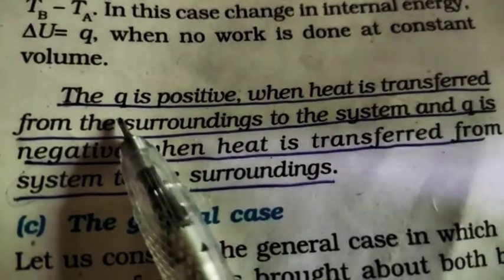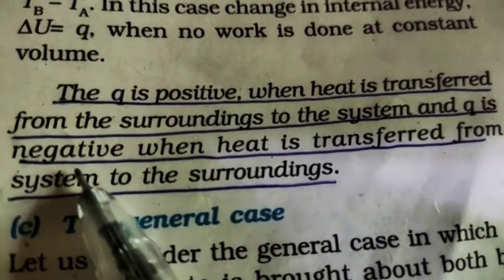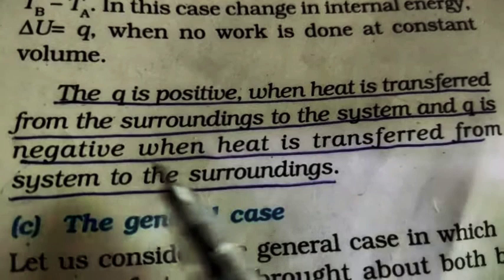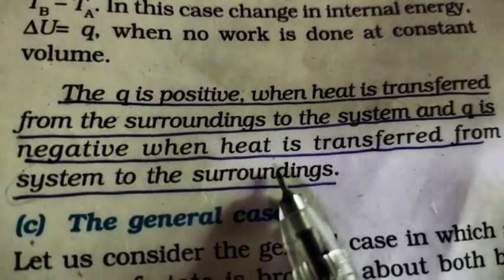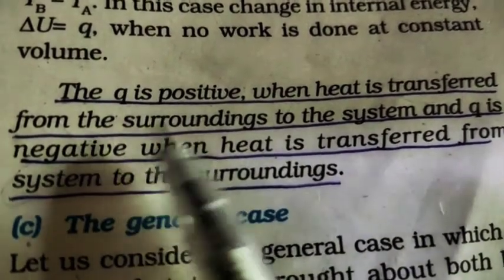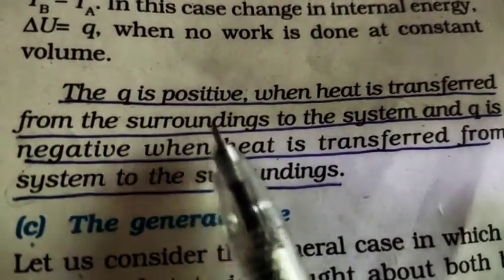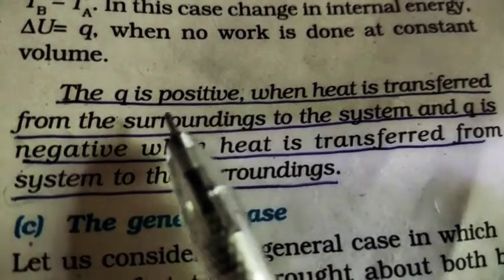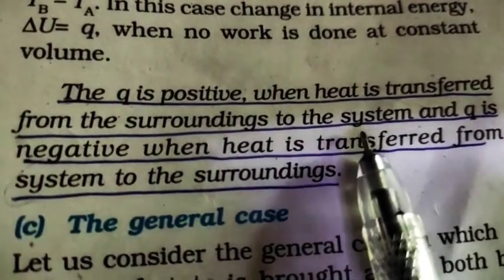So heat is being transferred to the system, so Q is positive. And Q will be negative when the heat is transferred from the system to the surroundings. Okay, but if we talk about surrounding, you know it will become opposite, so Q will be negative for the surroundings, right? And here it will be positive. But we are not about to study the surroundings, we are here to study about the system.